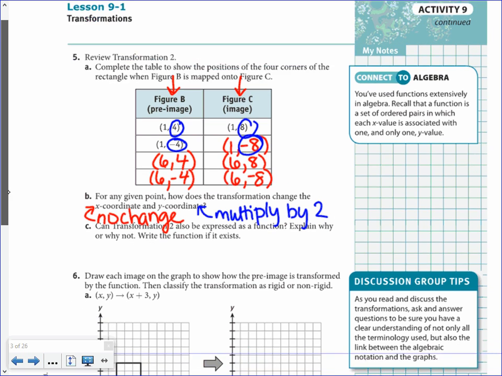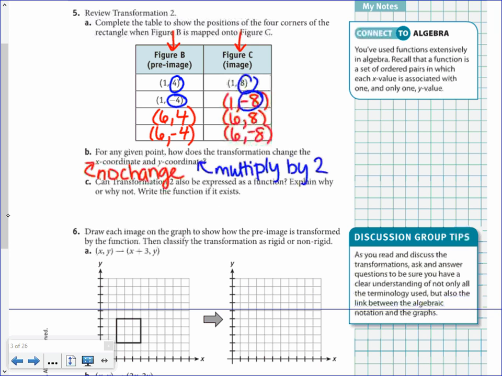So part C asks, can transformation 2 be expressed as a function? It can. How do I know that it can? Every point, every marcher does the exact same idea. They do the same thing. Every single point on that figure has the same transformation occur.